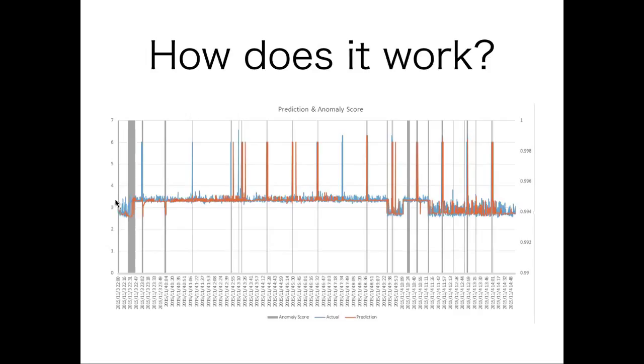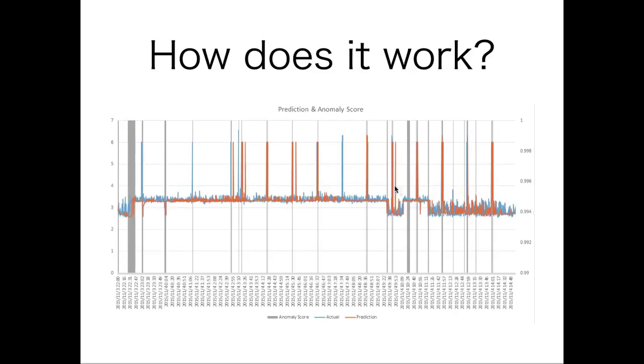As you can see, for example here, actual time went up and HTM shows a bunch of anomalies, and for each spike HTM also shows anomalies.